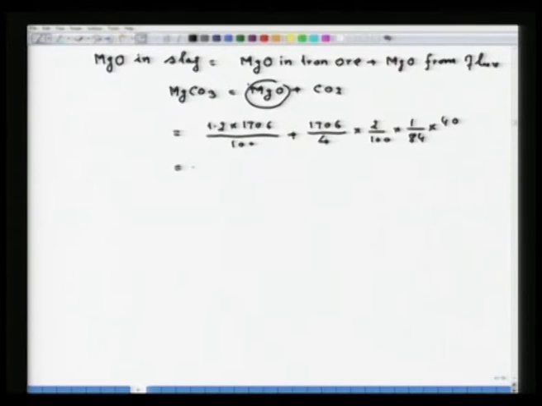So, that is equal to 24.53 kg. Here the atomic weight of magnesium is 24.